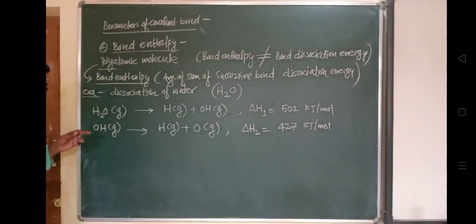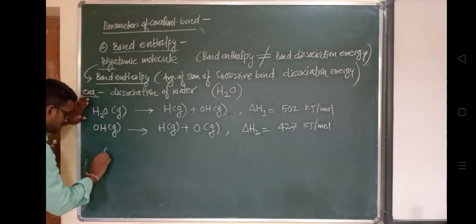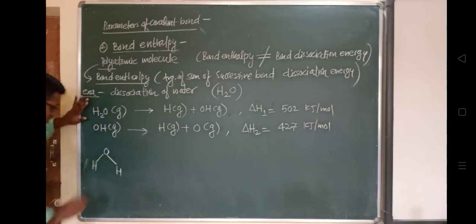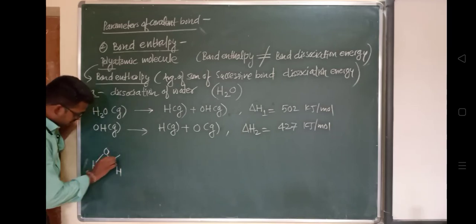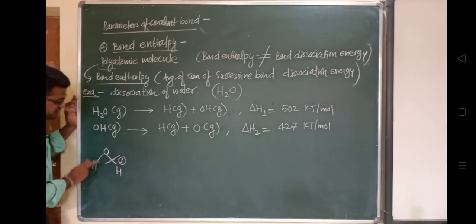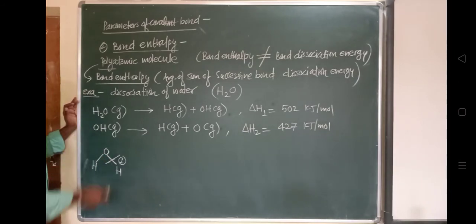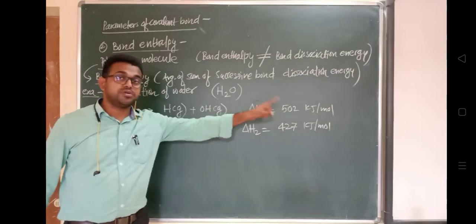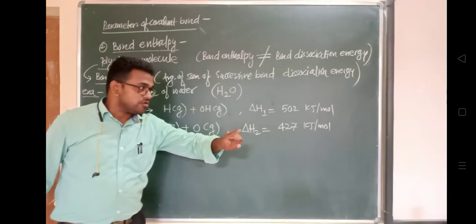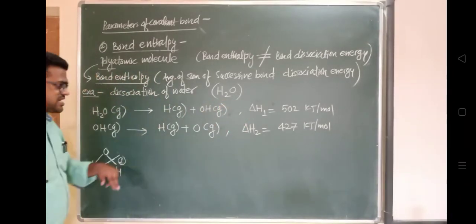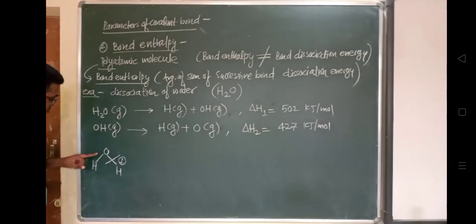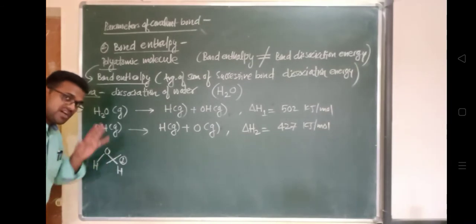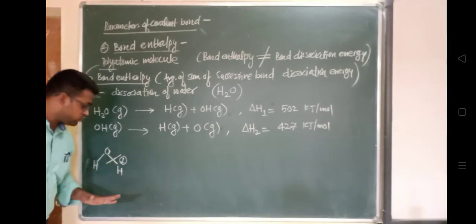So to break the first OH bond, the energy is 502 kilojoule per mole, and to break the second OH bond, the energy is 427 kilojoule per mole, which is lesser as compared with the very first step. So in both the above equations, the bond between O and H is broken, but the amount of energy required to break the bond is different. That is, enthalpies of these two OH bonds in water are different.